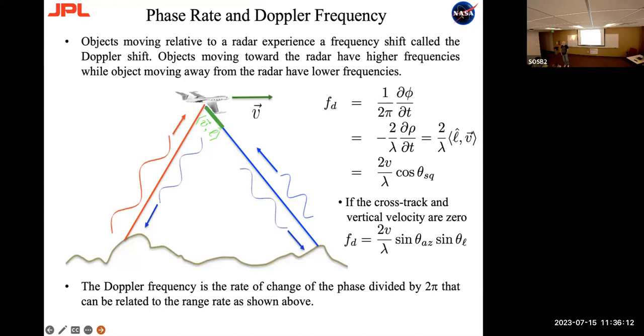If you had to guess a number right off the bat, what would you guess? 0. Yeah, that's what I would guess too. If I didn't know anything else, 0, you would be right. Why is the answer 0? Well, the dot product between two vectors depends upon the angle between them, and if the angle is 90 degrees, cosine of 90 is 0.